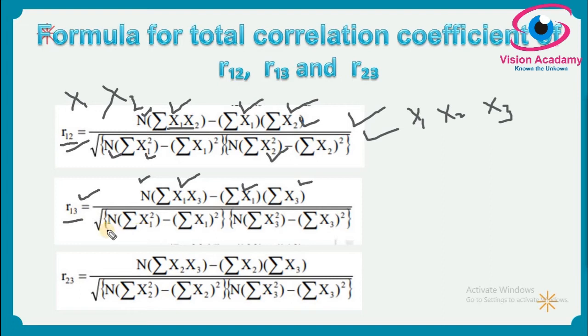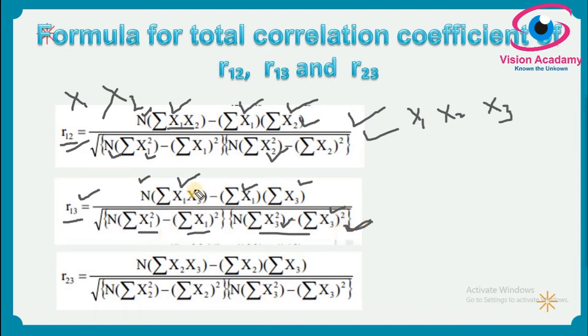In the denominator, n is common to all the formulas, and we use summation x1 square and summation x1 whole square, and on this side we use the x3 values, that is summation x3 square and summation x3 whole square.